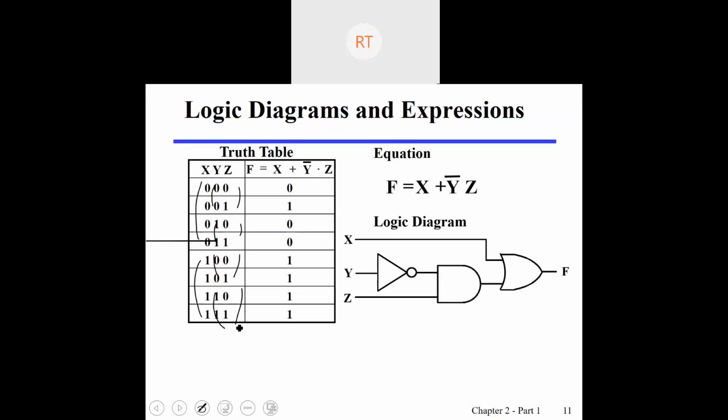You fill 4 zeros, 4 ones. Are you thinking about it? 2 zeros, 2 ones, 2 zeros, 2 ones. No need to think. 0 1, 0 1, 0 1, 0 1. That's the fastest way. If you want to think about it, I will start with 000, add 1, 001. Now the next will be 010.